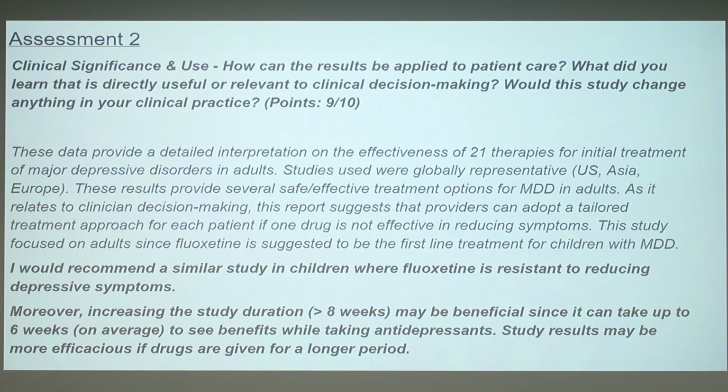What's the clinical significance? Well, there's a lot in this study. As I mentioned, this study has high internal and high external validity. It includes a large sample population. And so this study is foundational for treating adult patients with MDD.